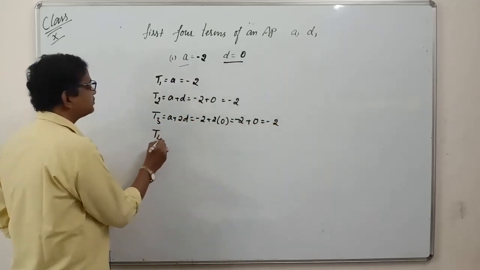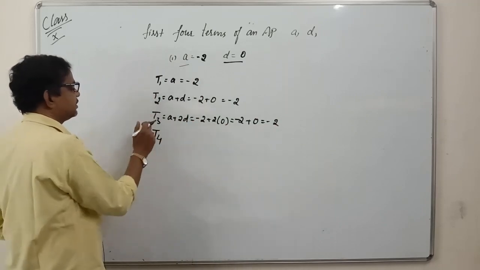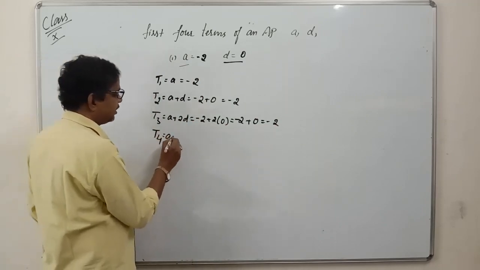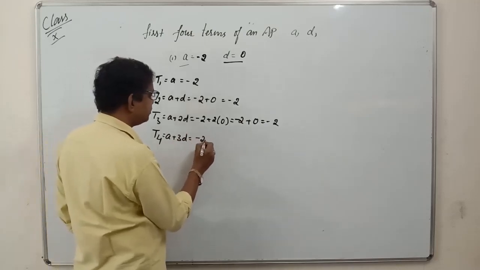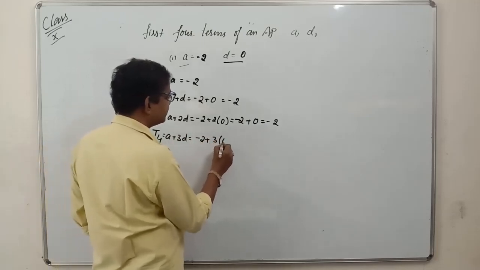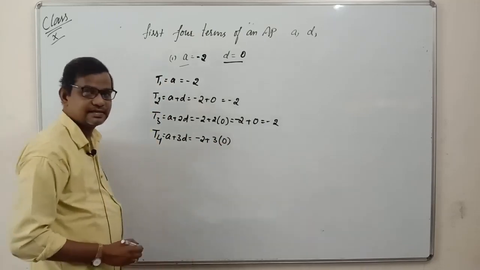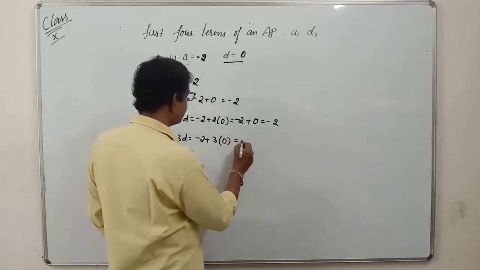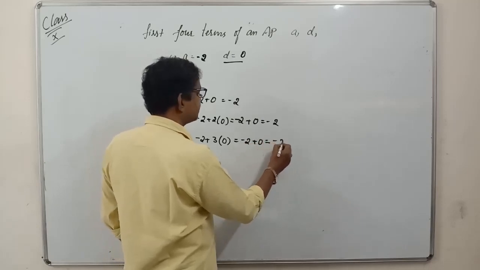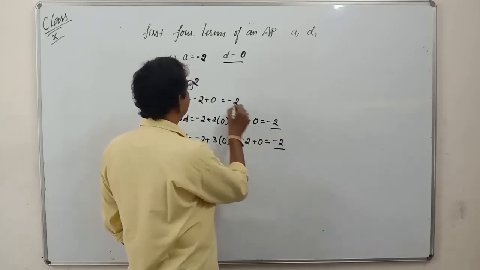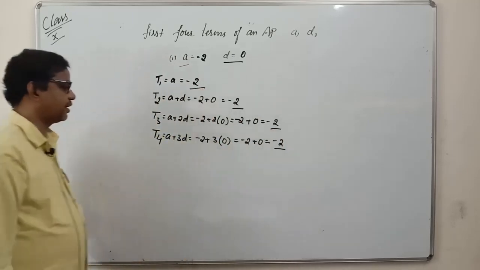And T4, the fourth term, is A plus 3D, that is minus 2 plus 3 into 0, because the value of D is 0 here. This equals minus 2 plus 0, equals minus 2. So the first, second, third and fourth terms are all the same here.